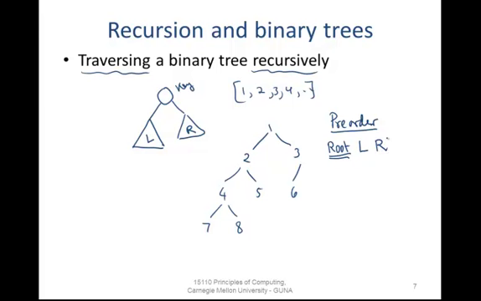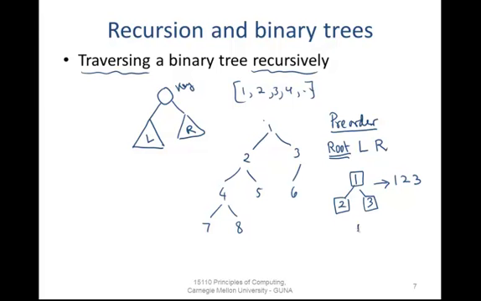So you have to do this recursively. Now let's see how this works. Let's start with a very simple tree first. So let's start with 1, 2, 3. So the traversal will generate 1, and then 2, and then 3.